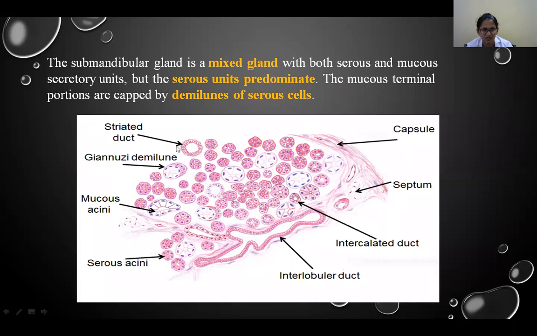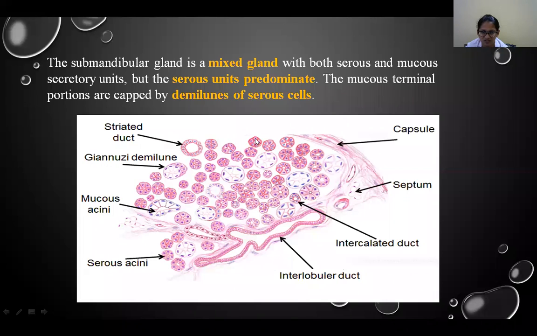See here, this is the histological picture of the submandibular gland. It is a mixed salivary gland. What is predominant here? Serous cells are more in number. In the submandibular gland, a mixed salivary gland, we see both serous and mucous cells, but serous cells are predominant.